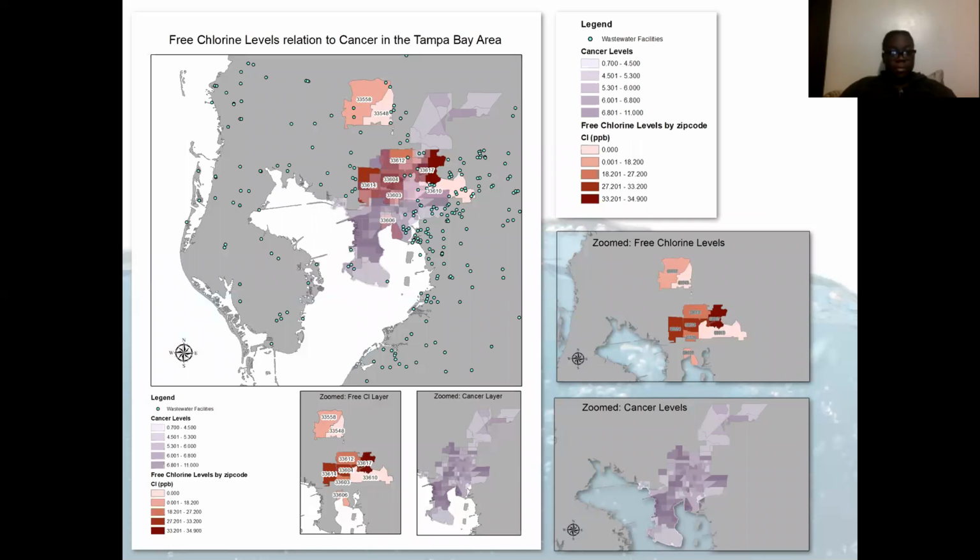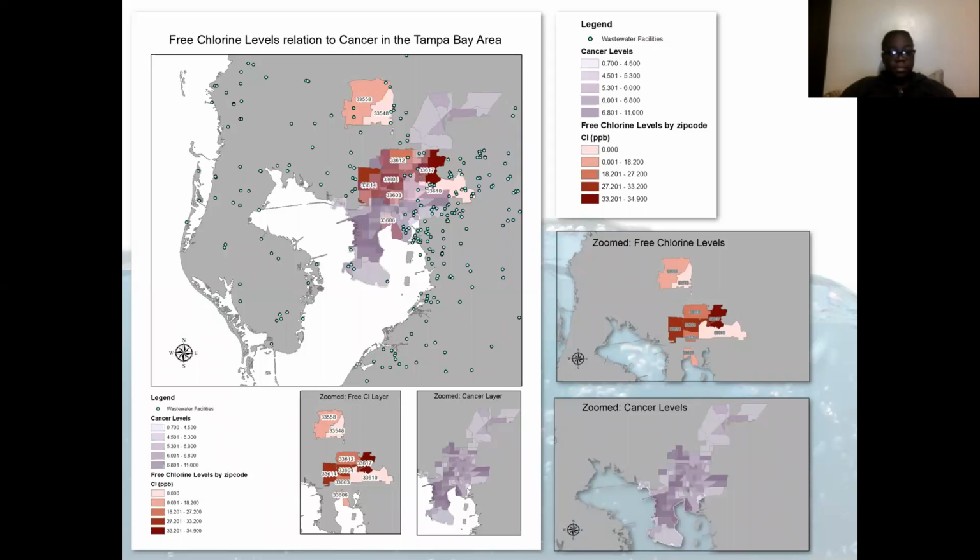So this is the map that we've created. What you see in red is the free chlorine levels by zip code. Free chlorine levels pretty much equate to trihalomethane levels, and we did this by measuring them on the colorimeter. What you see in purple is the cancer levels. The darker the colors, the more intense the levels are.